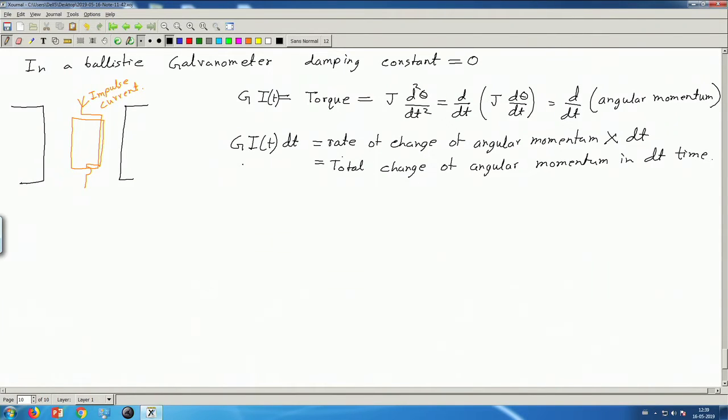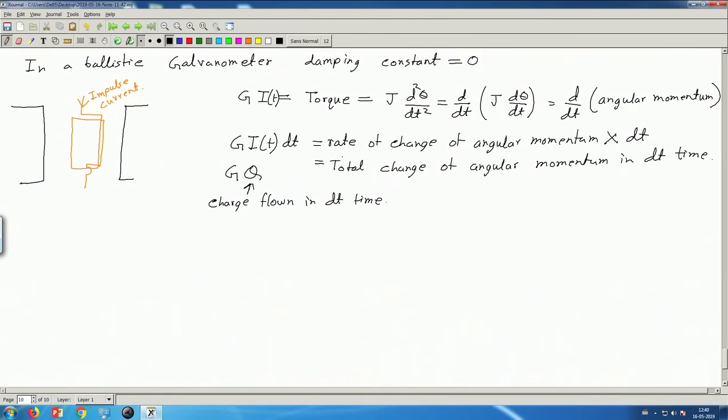Okay. And the left side will be G times Q. This I dt is equal to Q. This is the charge flown in dt time. And this is what we want to find out.